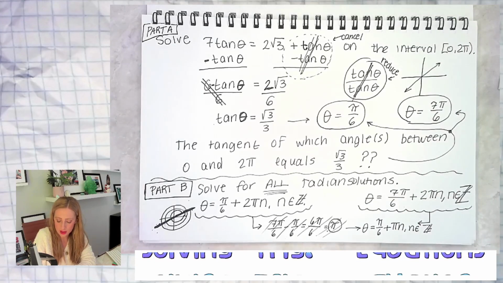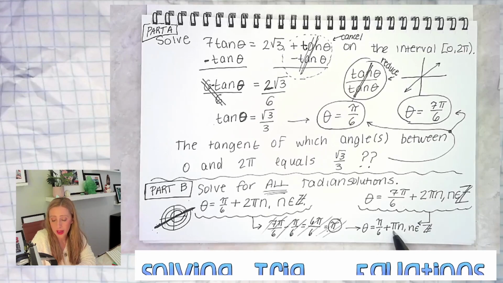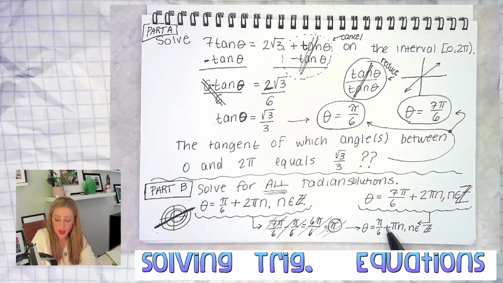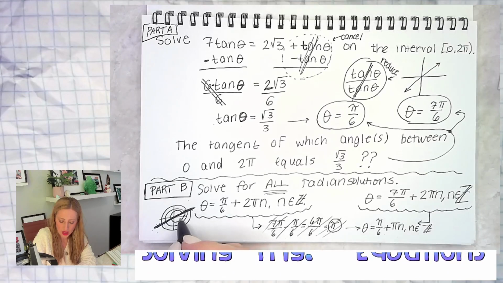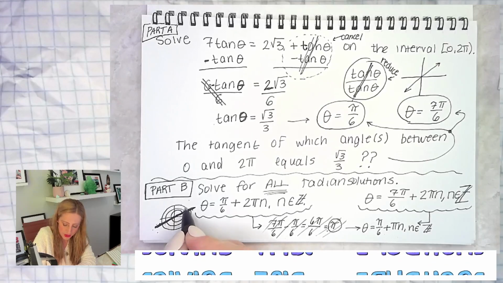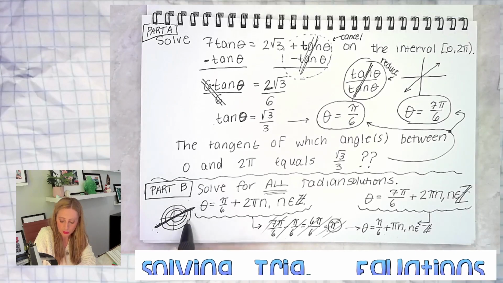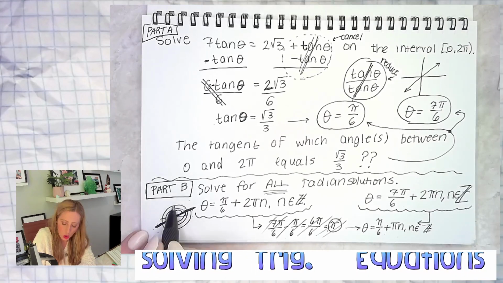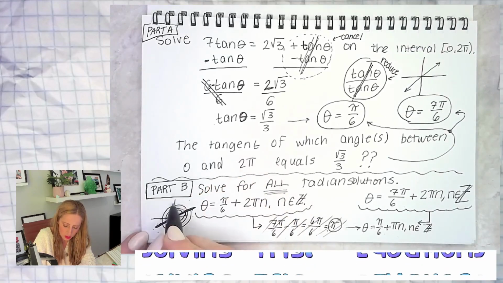So tangent will often have a situation where adding pi will be sufficient, because the period of tangent is pi. If you think about the unit circle, it takes from here to here for tangent to repeat the pattern. So that's 0 to pi. Tangent is positive here. What sign, positive or negative, is tangent in quadrant 2?